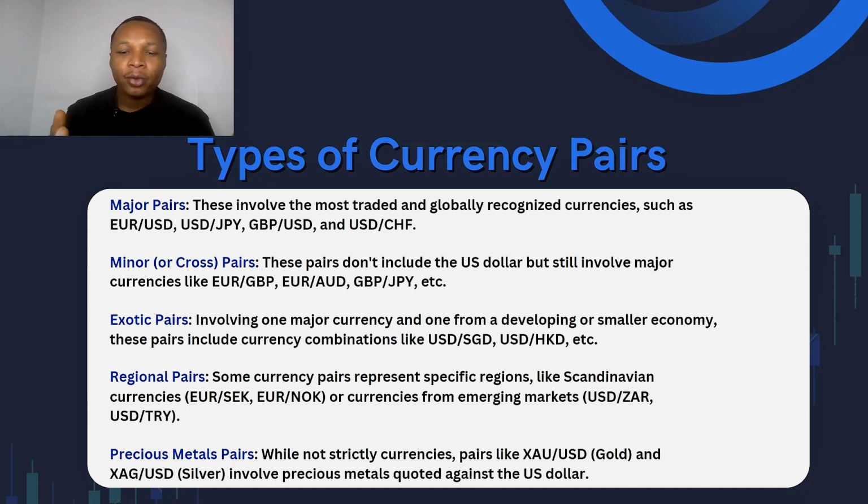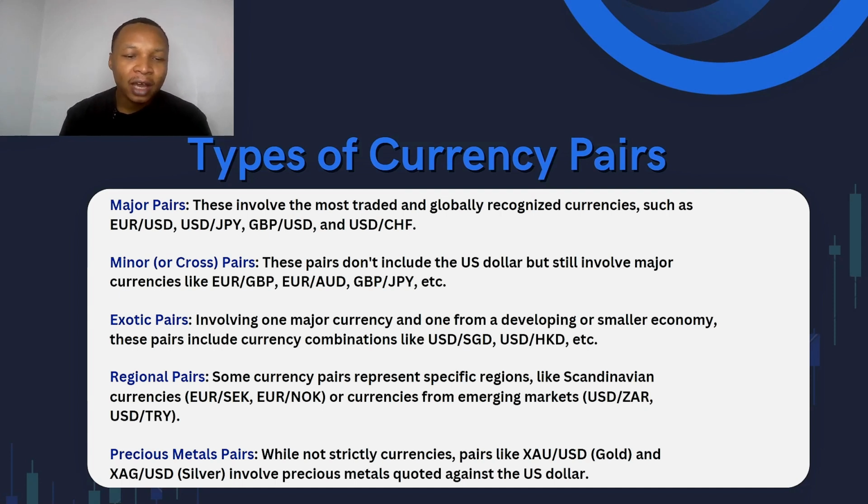We also have USD/ZAR, which is the South African rand, and USD/NOK, which is the USD against the Norwegian krone. When a major currency is traded against an emerging market currency, it's called a regional pair. You can mistake regional pairs for exotic pairs. Nevertheless, the goal is to make profits off these.